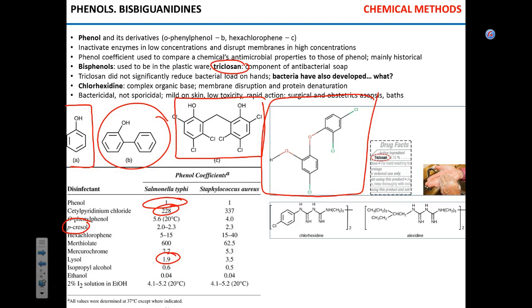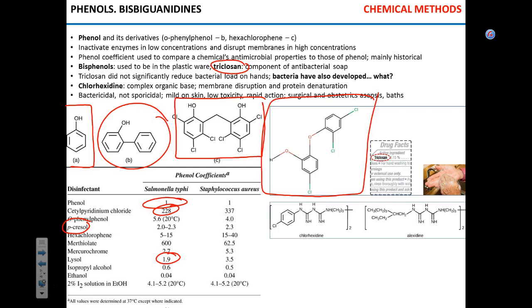So in the concentrations that were present in the soap, in the concentrations that people could potentially be exposed to, unless they deliberately drink a bottle of antibacterial soap, triclosan was not toxic to humans. It was not toxic to mice. It was benign. Okay? I mean, if you start feeding it, that's a different story. So inefficiency is the main answer why we don't use it.